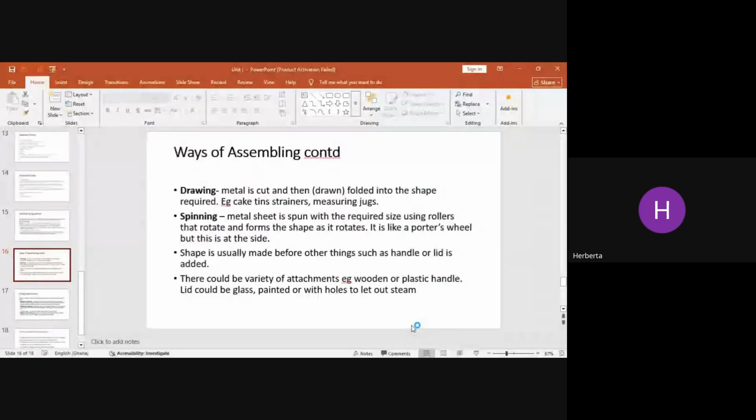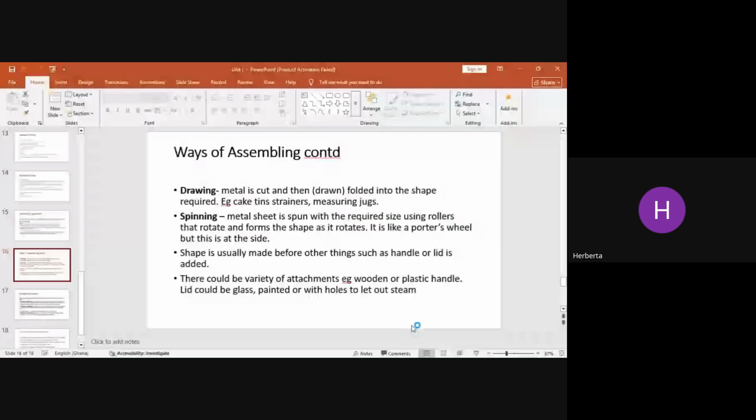That is how this type of saucepan is also made. The metal is made into a paste, and it is spun around a shape, to get the desired size and shape that you want. With the spinning and the drawing, it doesn't come with the handle.